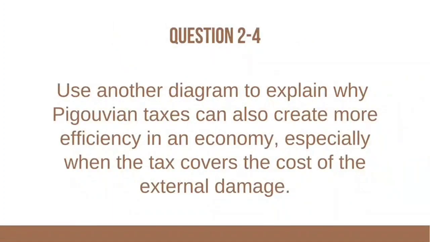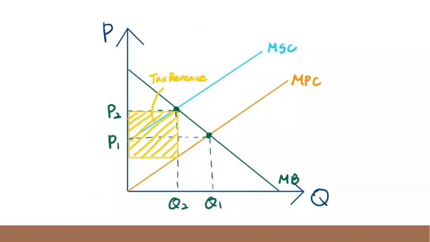The last question is, use another diagram to explain why Pigouvian taxes can also create more efficiency in an economy, especially when the tax covers the cost of external damage. In this diagram, the yellow rectangle is the revenue of the Pigouvian tax.